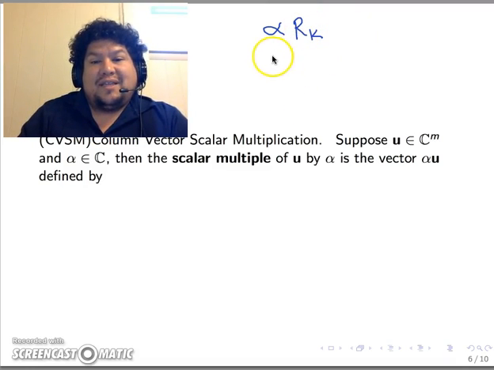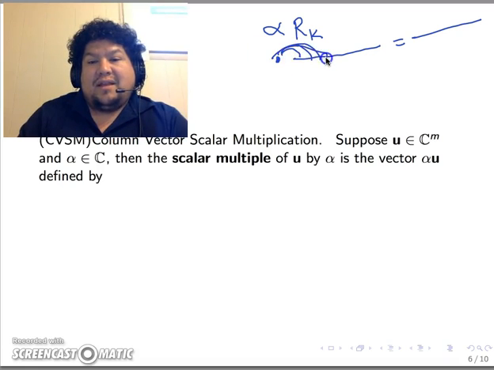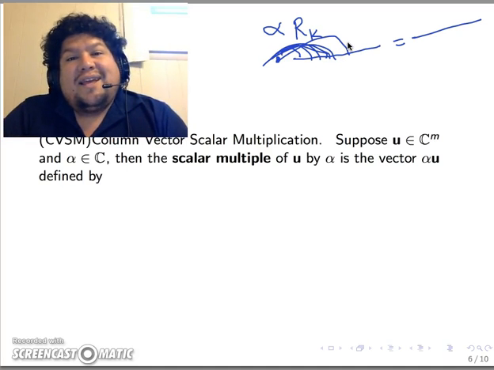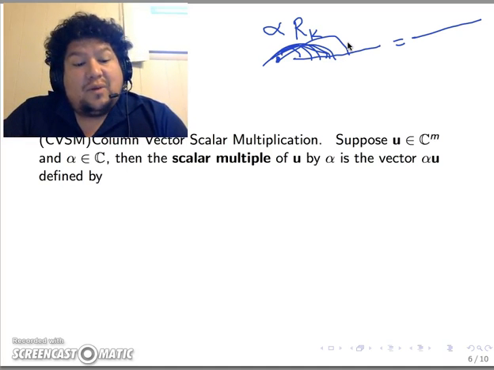Well, this scalar multiplying a row becomes a new row. So basically what you do here is that you distribute that multiplication on every possible entry of that row, and therefore you obtain a new row.